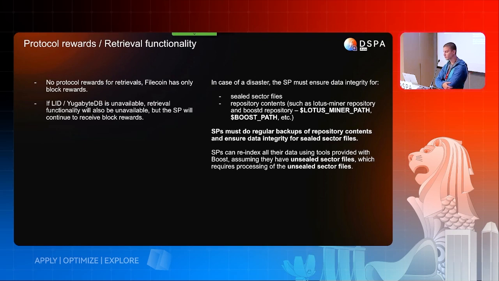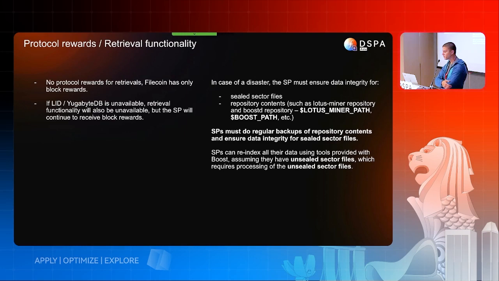All retrievals are going to fail, but the SP will continue to receive block rewards. So if you want to have confidence that an SP is going to provide retrievals to you, you need to sign SLA agreements with them or have some kind of off-band agreements. This is not going to get covered by the protocol at this stage.